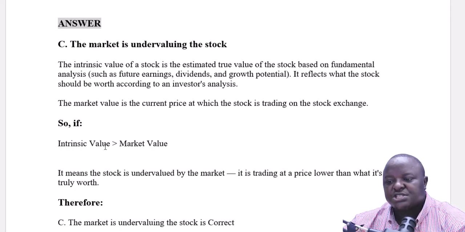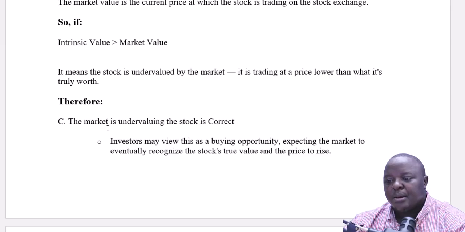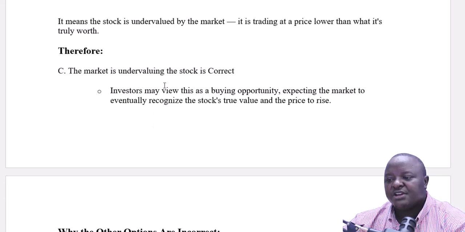So if intrinsic value is greater than the market value, it means the stock is undervalued by the market. It is trading at a price lower than what it is truly worth. Therefore, C, the market is undervaluing the stock, is the correct answer, whereby investors may view this as a buying opportunity, expecting the market to eventually recognize the stock's true value and the price to rise.